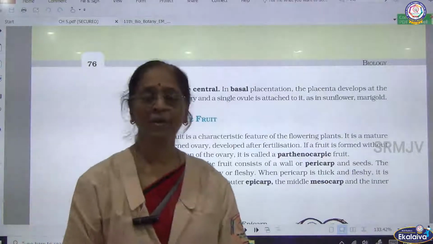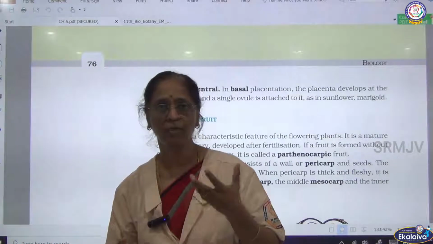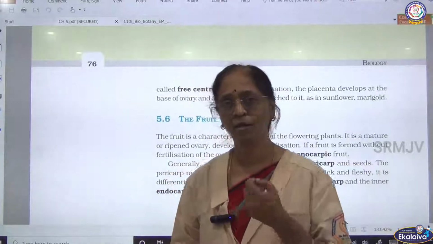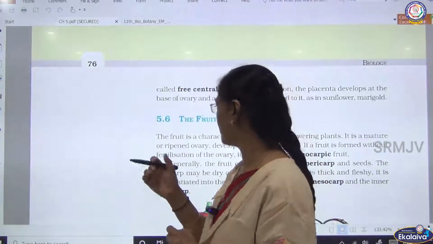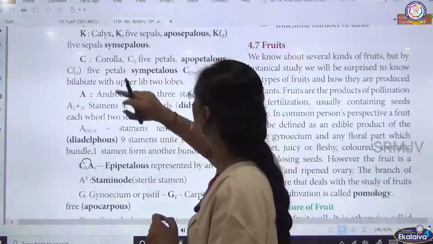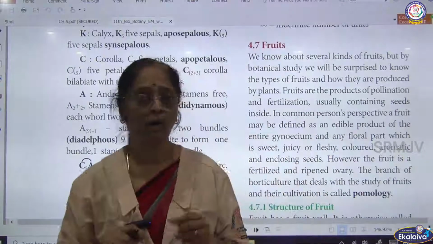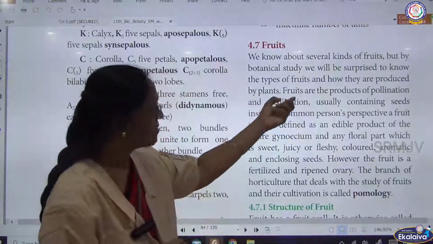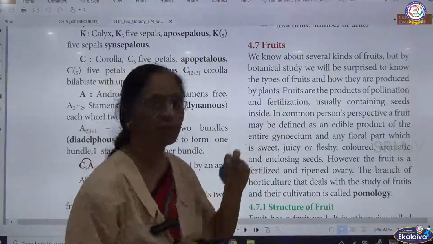Now, we said after the fertilization, the ovary develops into a fruit and the ovule becomes a seed. Now, this fruit is nothing but a product of pollination and fertilization.